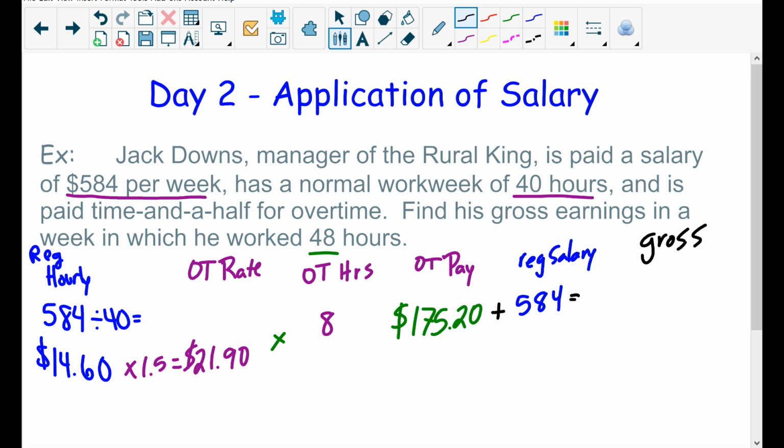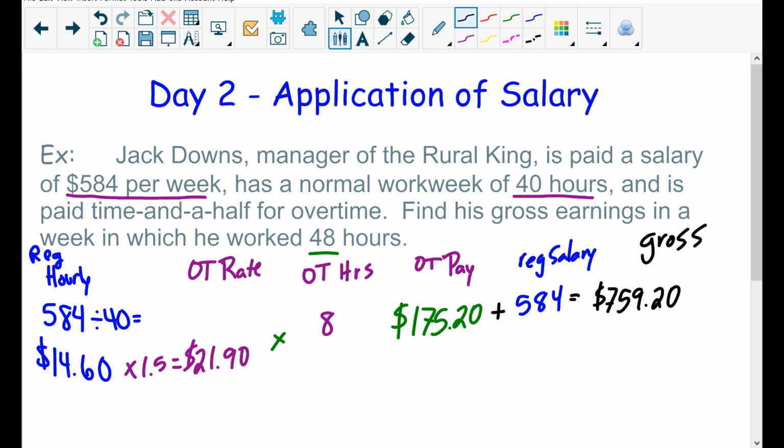So what is 175.20 plus 584? 759 and 20 cents. So there's my gross, 759.20. Good. So it's basically the same stuff we did yesterday, except we're pulling out a word problem and applying it that way.